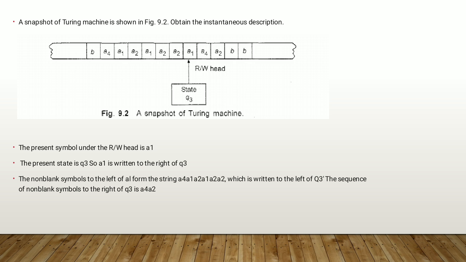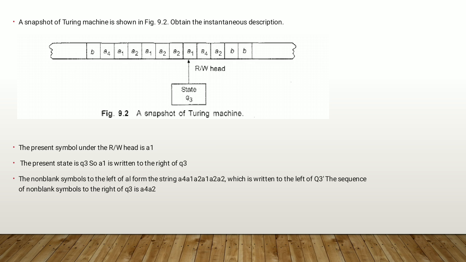The non-blank symbols to left of A1 form the string A4, A1, A2, A1, A2, A2. So this is the string to the left side of A1, which is written to the left of Q3.